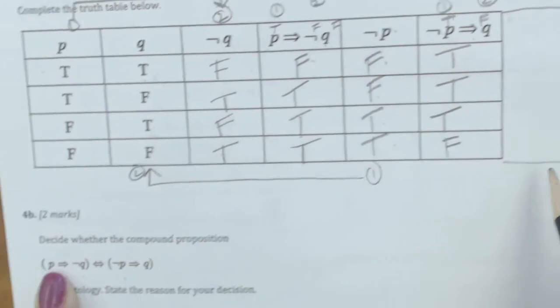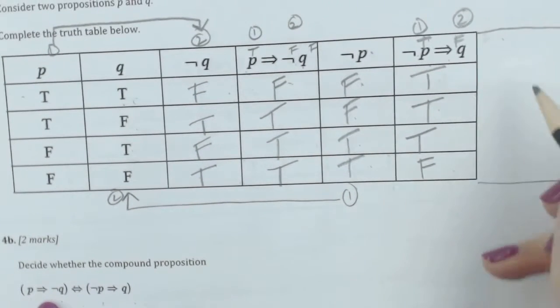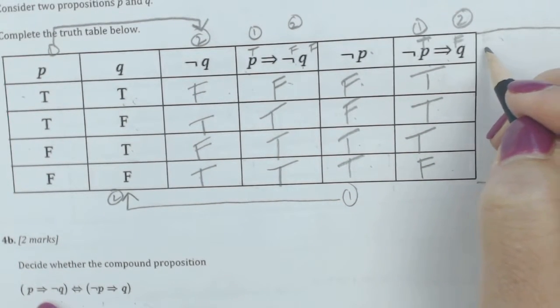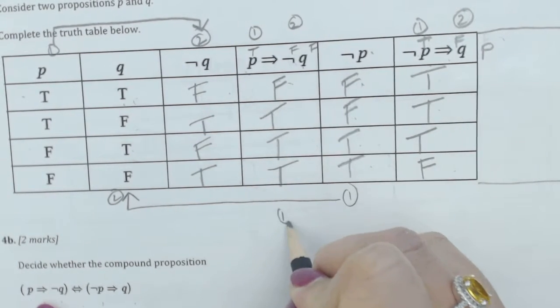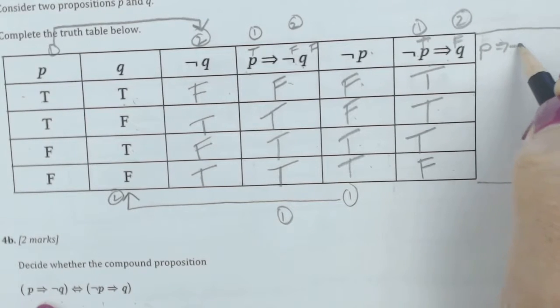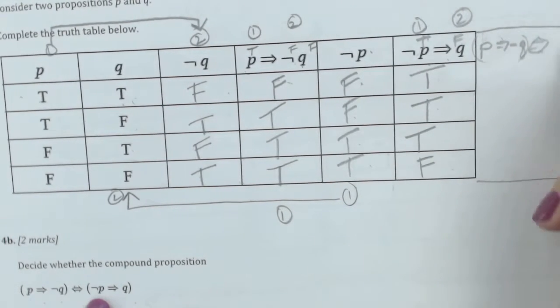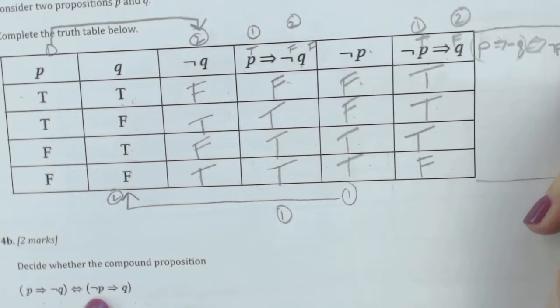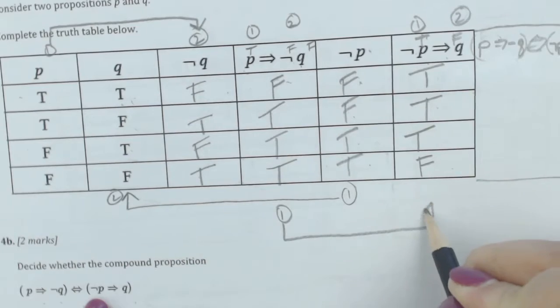We have this one, if P, then not Q. This would be our number 1. P, then not Q, double arrow to not P, then Q. Sorry, a little squished.